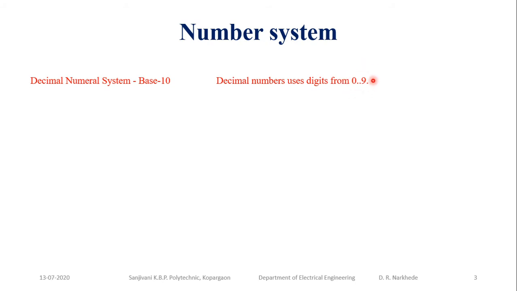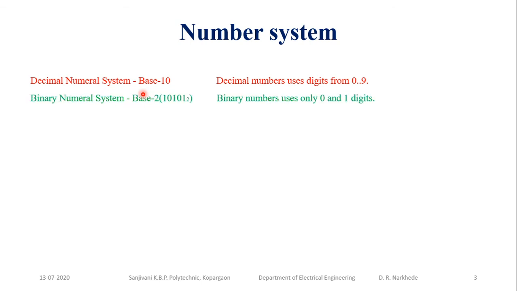That is a total of 10 digits. That's why its base is 10. The radix or base of a number system determines the total number of different symbols or digits used by that system. So as I am using the decimal number system, it has 10 digits.